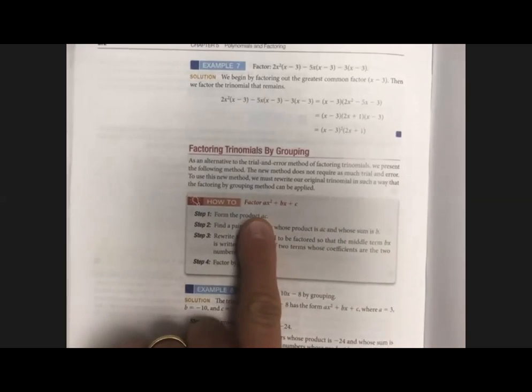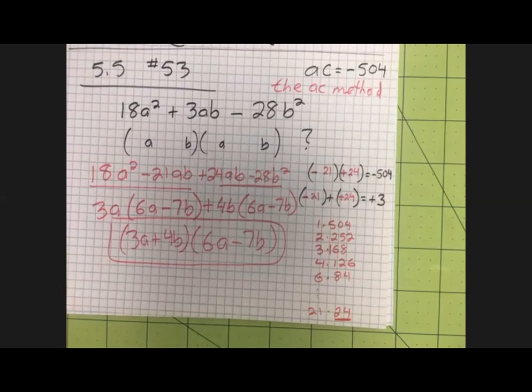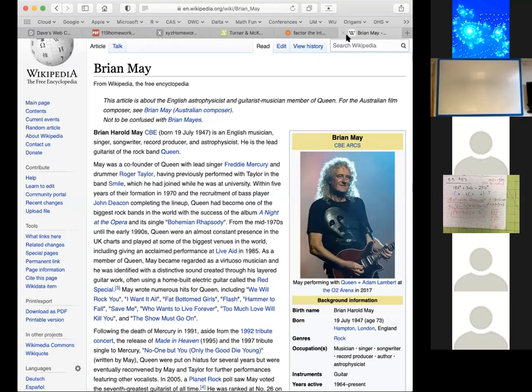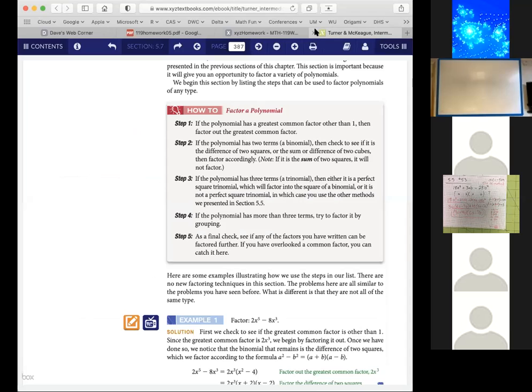But you see he's got the ax squared plus bx plus c. Okay, that's too small. Let's pull it up on our website. I already got the website ready. Okay, goodbye, Brian May. Goodbye, Wolfram Alpha. Maybe I should check if Wolfram Alpha could have done that.